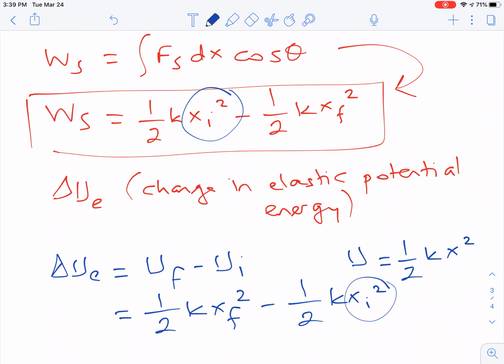This happens because if you keep it in the work term, you're putting it on the right side in the energy conservation, and if you take that term to the left side, the signs swap. If you rearrange it, x final becomes positive and x initial becomes negative. So be careful with this.